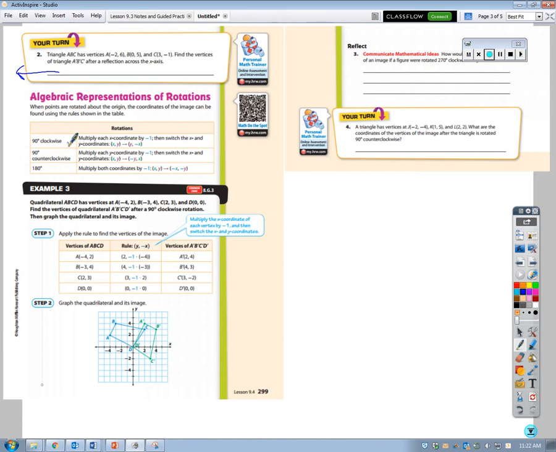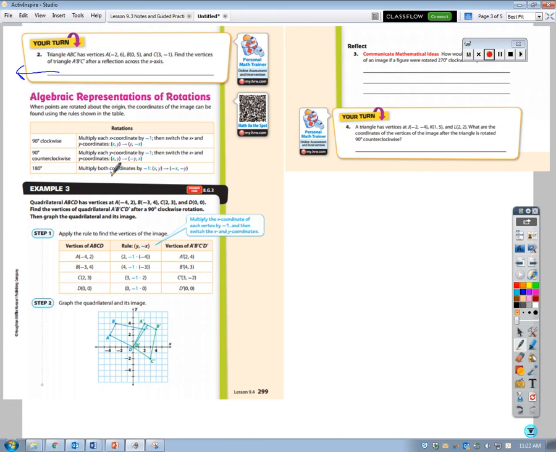So if you have a 90-degree clockwise rotation around the origin, you're going to multiply each x coordinate by -1, and then switch the x and y. For a 90-degree counterclockwise rotation, you're going to multiply the y coordinate by -1, and then switch x and y. And for 180, you will multiply both by -1.